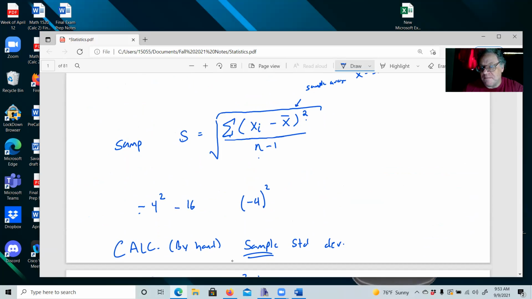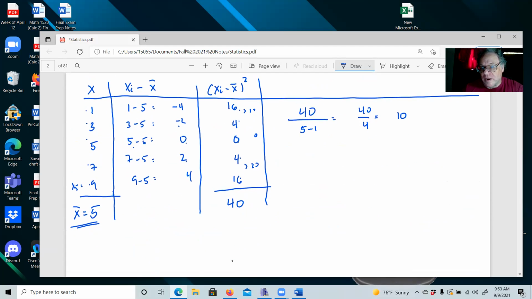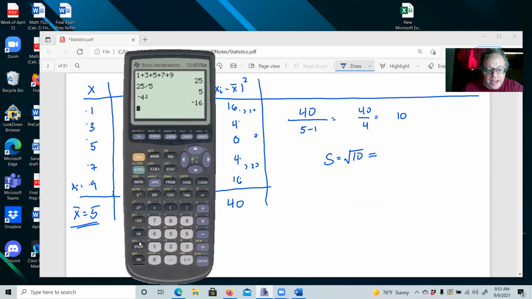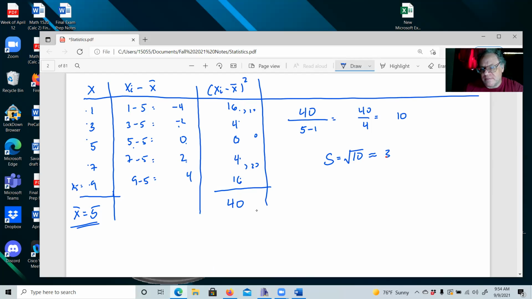What's the next thing? You have to take the square root. So s is equal to the square root of 10, which is approximately, we're going to go 2 decimal places here, using the second function, square root of 10, 3.16.